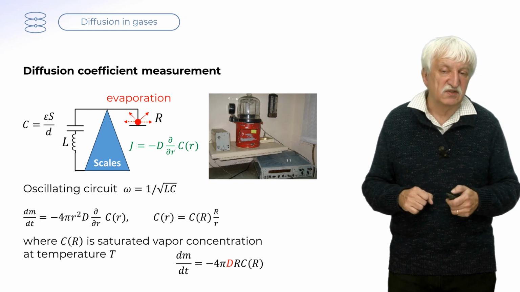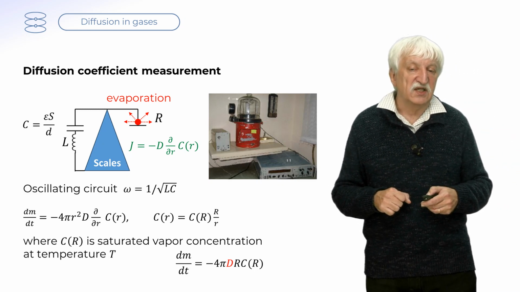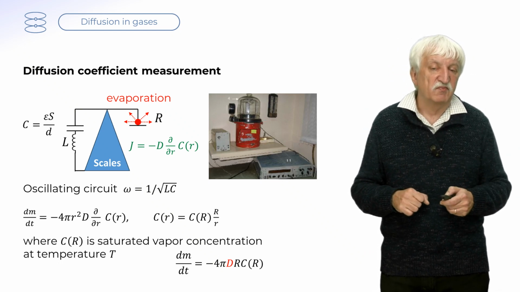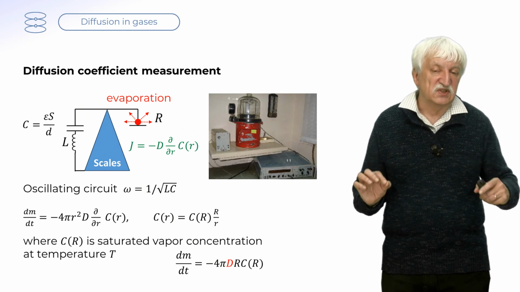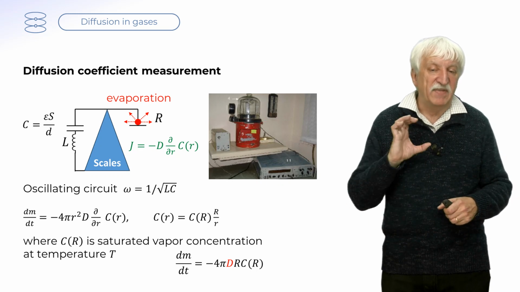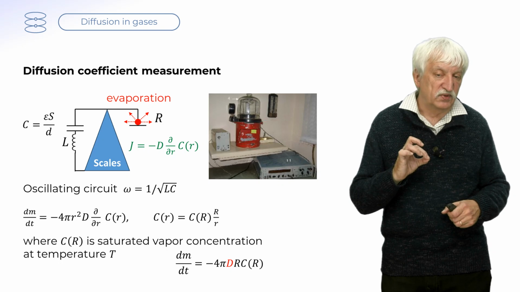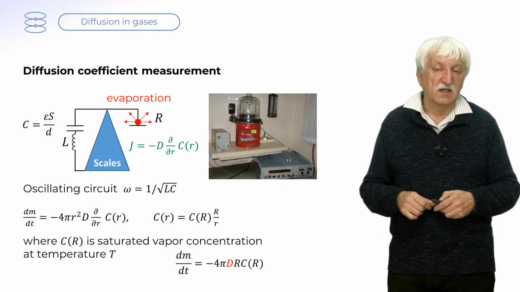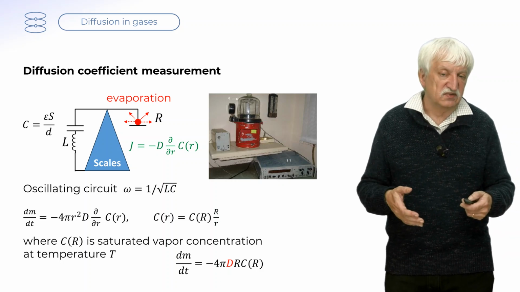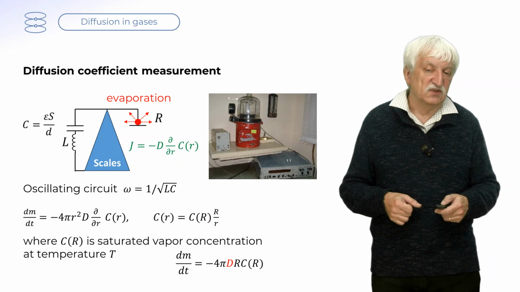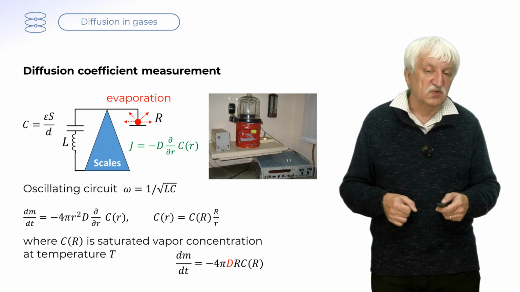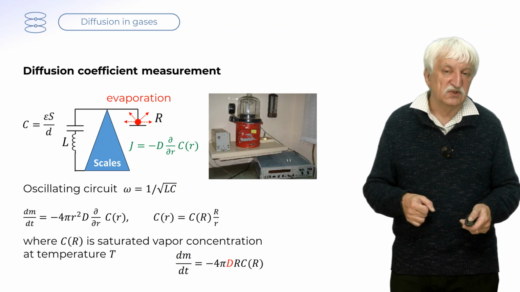Substituting back into this equation, we get that the change of the mass with time is proportional to the concentration C of the vapor at the boundary of our drop. This is a saturated vapor concentration at the given temperature T, and is a well-known value. So this equation gives us a way to calculate the diffusion coefficient.